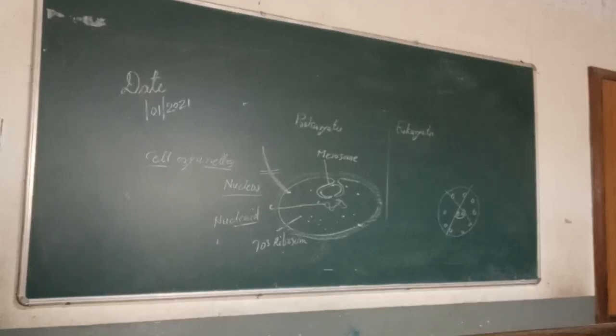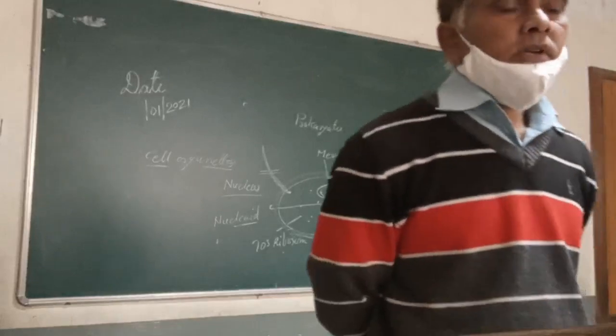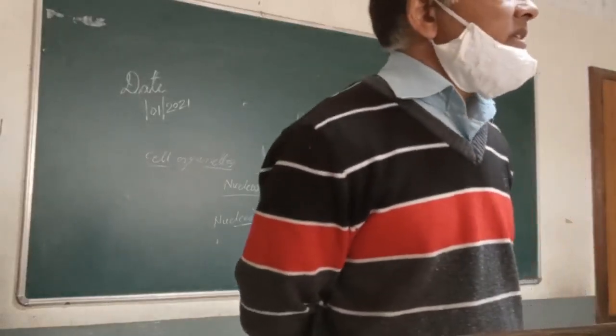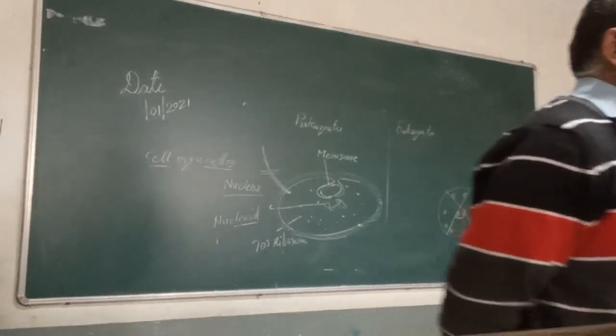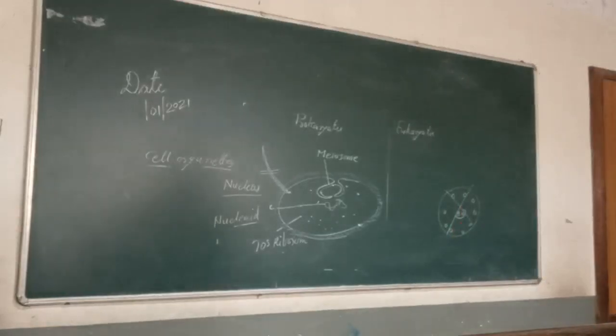Example of eukaryotes: fungi, plants, and animals. So these are the differences between prokaryotic cells and eukaryotic cells.